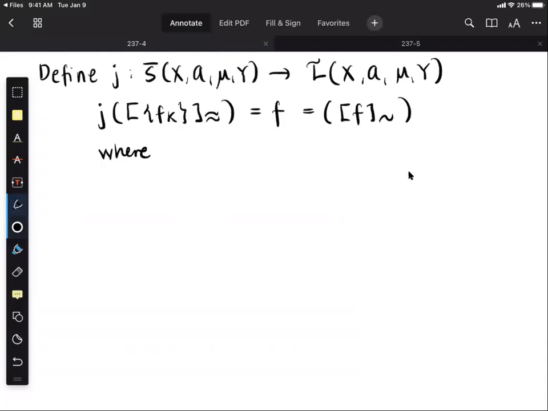Where, for some subsequence, f sub kj tends to f mu almost everywhere. Well, the convergence is guaranteed from the previous theorem.